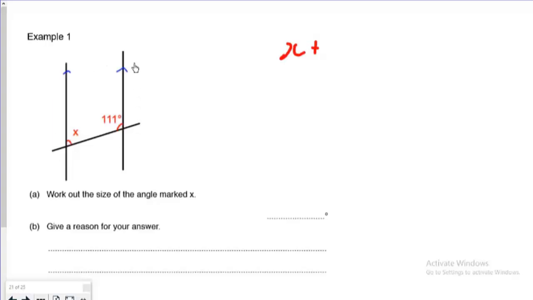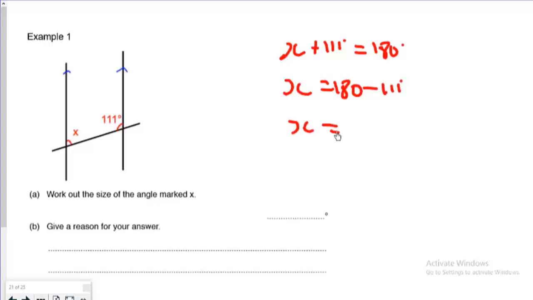This is a C shape, so these angles will add up to 180 degrees. X plus 111 degrees will be equal to 180 degrees. So my x will be equal to 180 minus 111 degrees. So my x will be equal to 69.